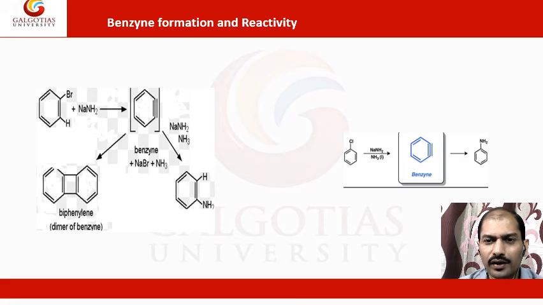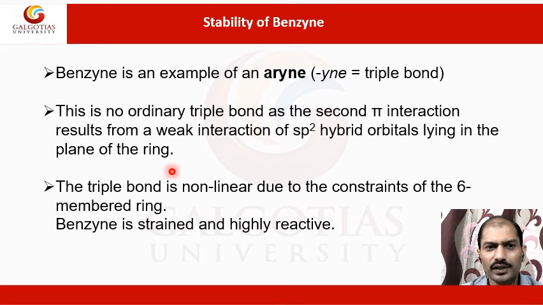If you see the stability, benzyne is an example of an arene, meaning a triple bond compound, a cyclic triple bond, because it is aromatic. This is no ordinary triple bond, as the second pi interaction results from a weak interaction of sp2 hybridized orbitals lying in the plane of the ring.